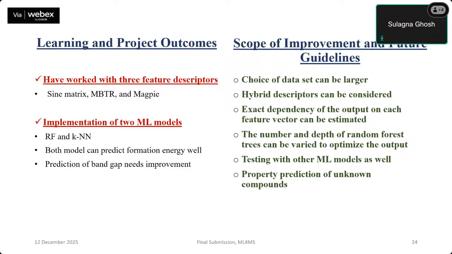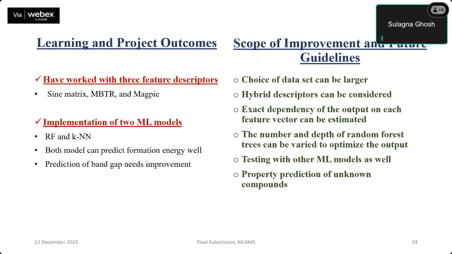We can also find the exact dependency of the output on each feature vector. I mean, if I consider the output as y and the input as x, then how y is dependent on x, that we can find out.